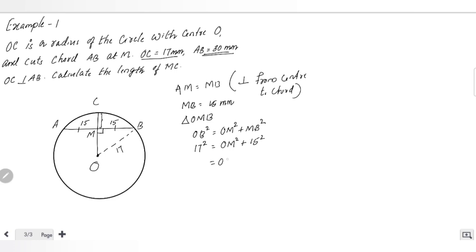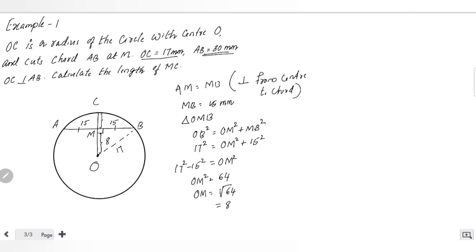That is OM square is equal to 17 square minus 15 square. What is 17 square minus 15 square? 17 square is 289 minus 225, which is going to be 64. That is OM square is equal to 64. Therefore, OM is equal to square root of 64, which is going to be 8. So we got the length, this one is 8.